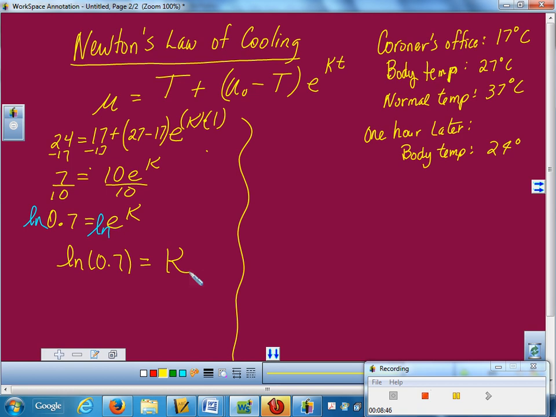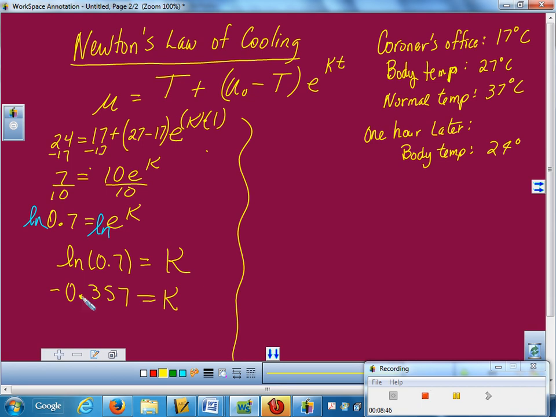And then we'll cheat here and find out that k is, should it be positive or negative? Negative. Yeah, the temperature is going downward. So it is negative 0.357. And then we go back and do it again.